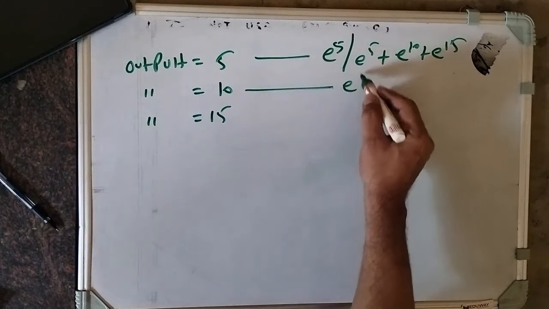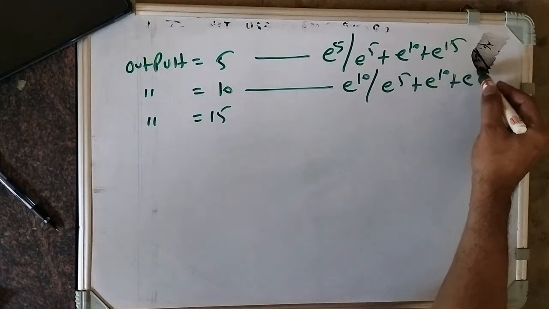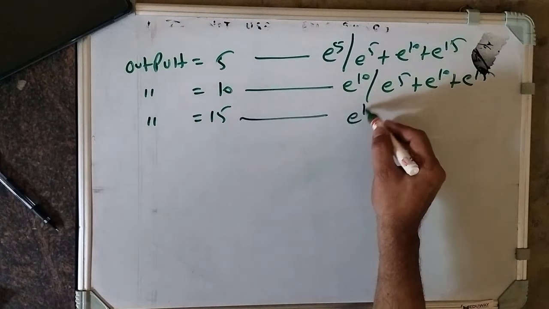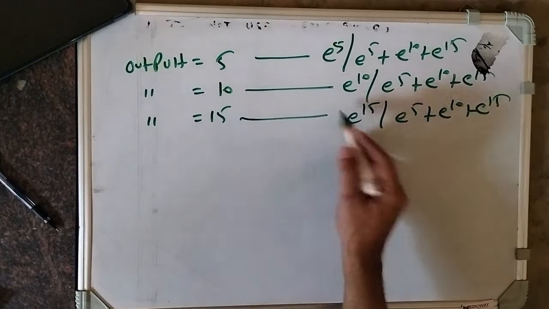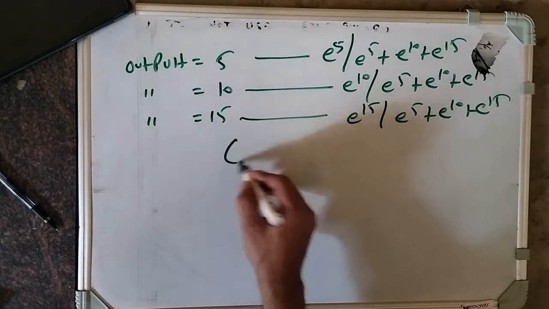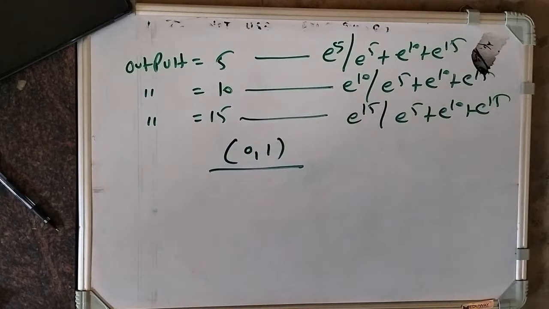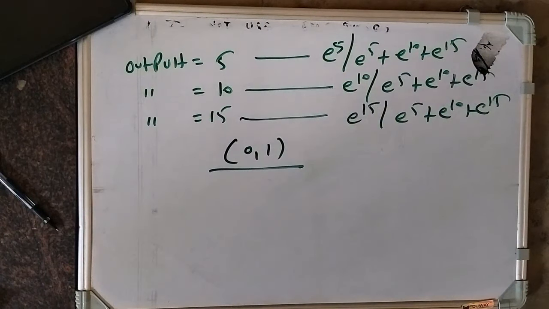Same thing here, e to the power 10 upon e to the power 5 plus e to the power 10 plus e to the power 15. Same here, e to the power 15 upon e to the power 5 plus e to the power 10 plus e to the power 15. If you see the values, the output will always come between 0 and 1. This is the very beauty of softmax. If you add everything, it will be 1.